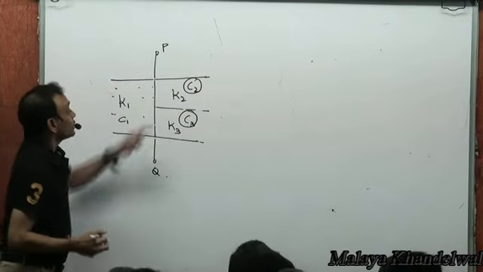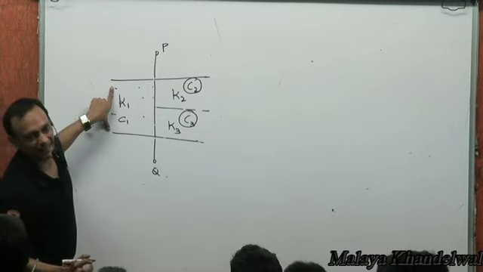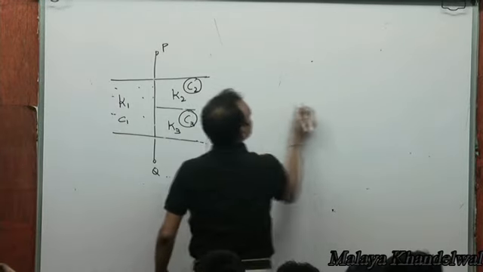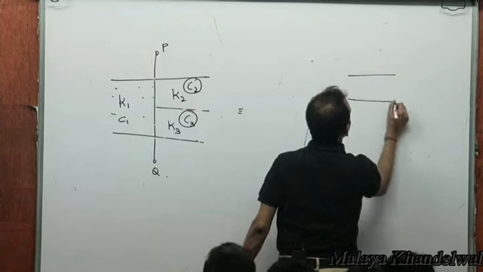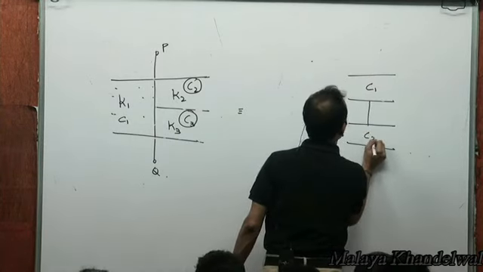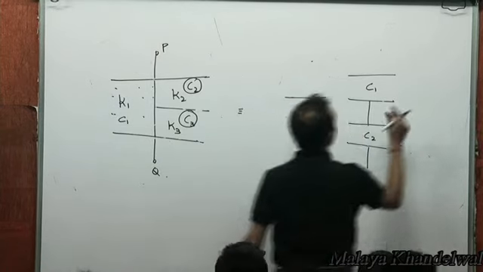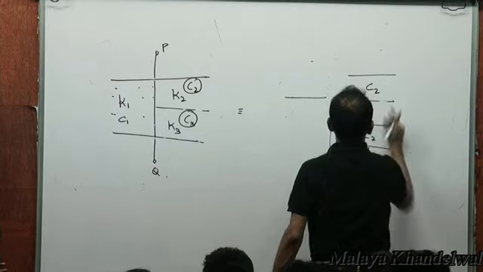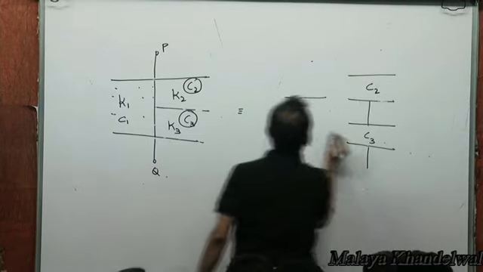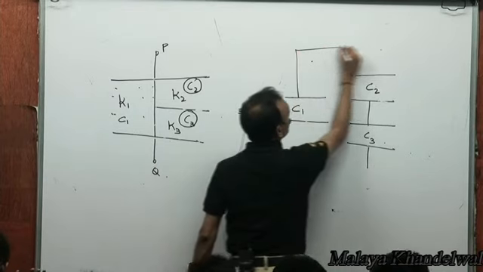It's as if K2 and K3 are in series with each other and in parallel with K1. So this reduces to C2 and C3 in series, and the whole arrangement in parallel with C1 between points P and Q.